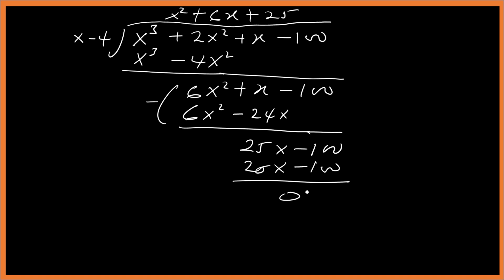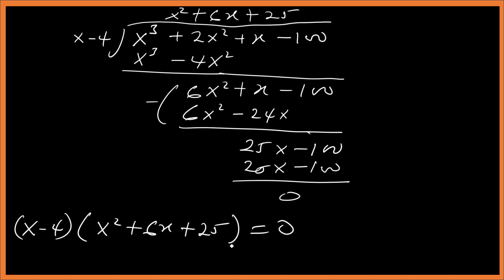So this side will be 0. Therefore, we have the first factor x minus 4 multiplying the result x squared plus 6x plus 25 equals 0.